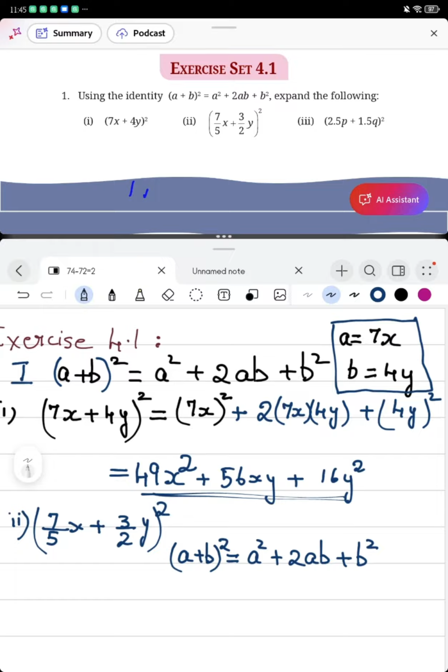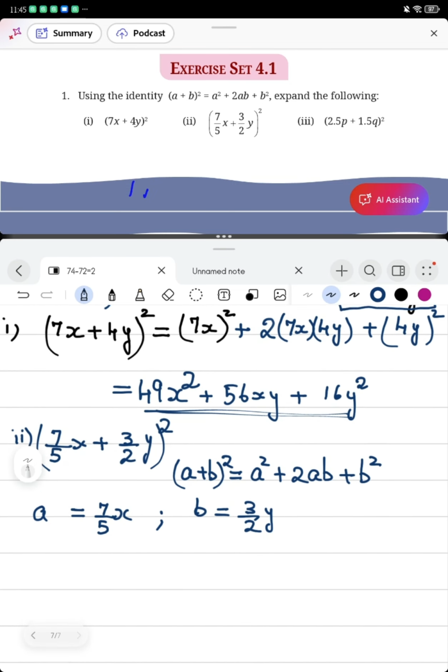Now let us do the sum. We will take this question and apply this identity. A is 7 by 5x and our b is 3 by 2y.